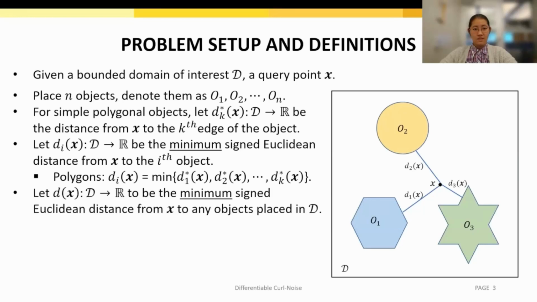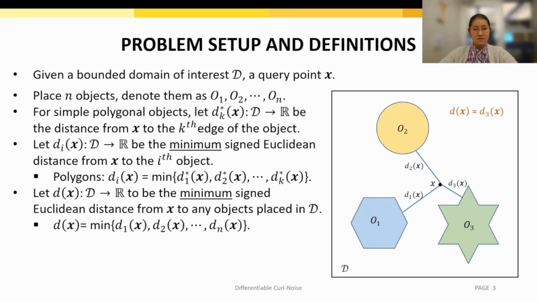Next, we let d of X be the minimum signed Euclidean distance from the query point X to any objects placed in the domain. By definition, we can write d of X to be the minimum distance from the query point X to all objects. In our example on the right, we write d of X to be d3, since d3 is the smallest distance.